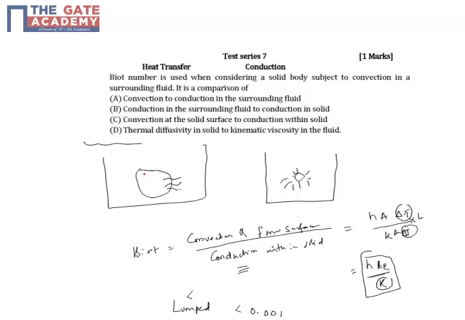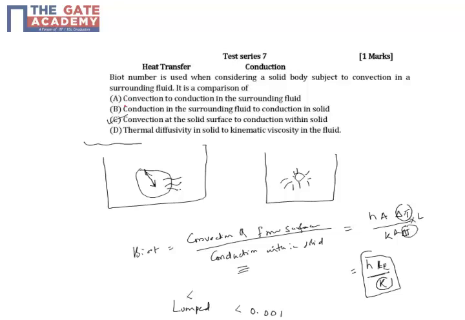Like on the surface you have higher temperature, whereas on the inside you have a lower temperature, or vice versa. So all that thermal gradient within the solid will be very, very small if k is very large, and that's why the Biot number. So it's convection at the solid surface to conduction, that is.